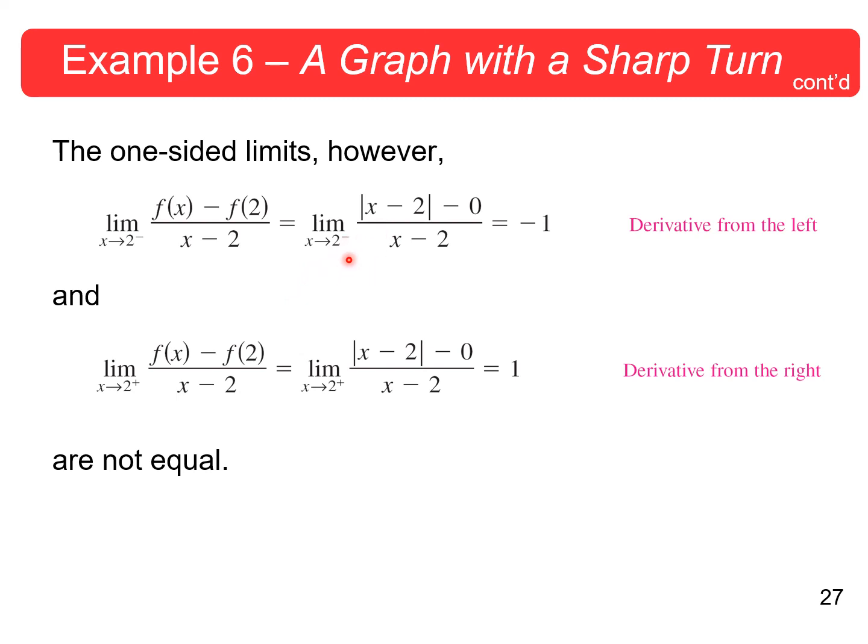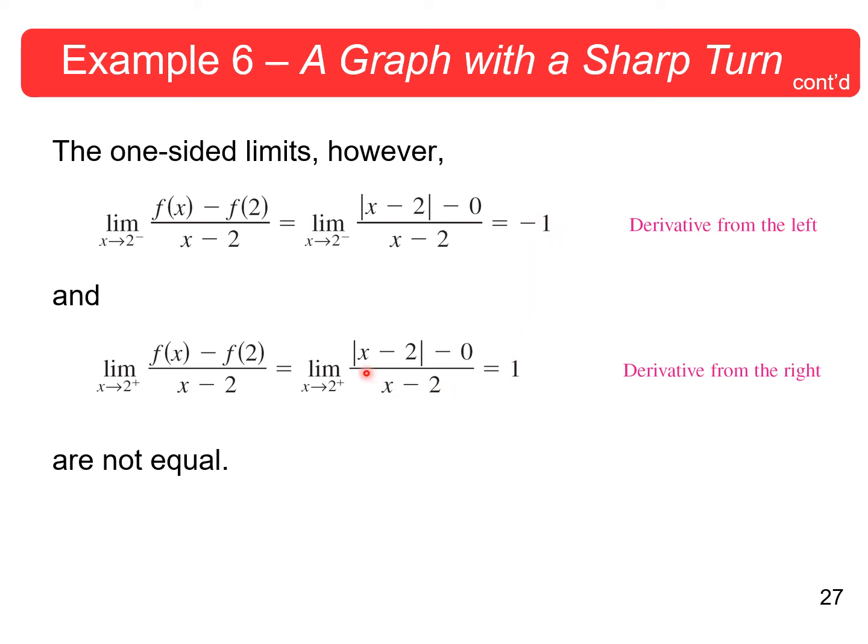Now, when x is less than 2, this absolute value expression can be replaced by the negative of x minus 2. So therefore, you can just cancel x minus 2 because that is a common expression in both numerator and denominator. And then you will be left with negative 1. So the left-hand derivative, or the derivative from the left, is negative 1.